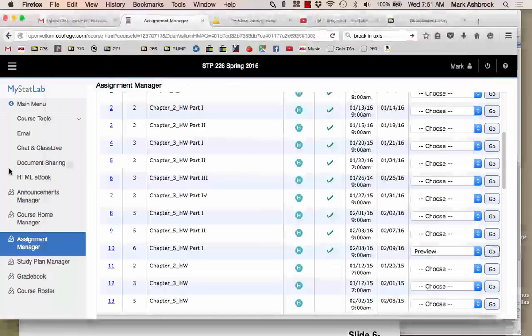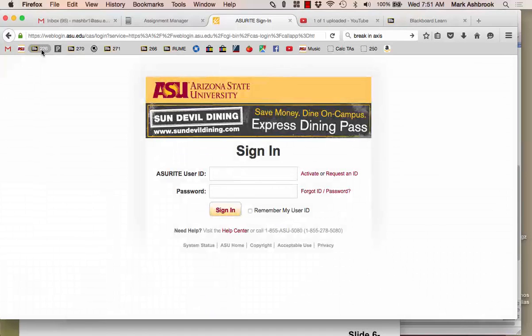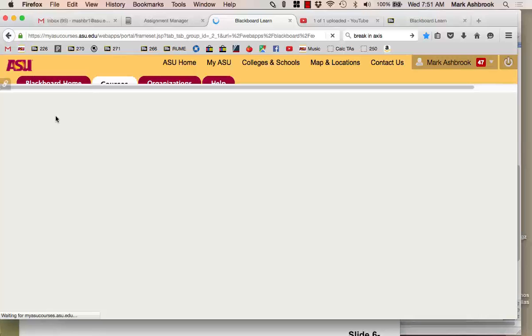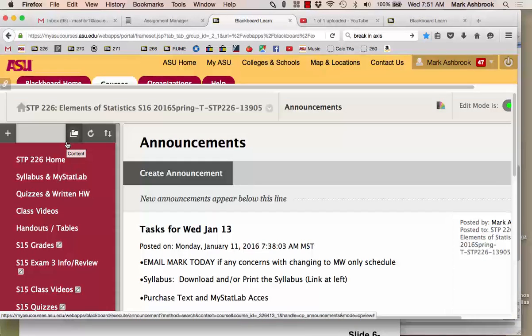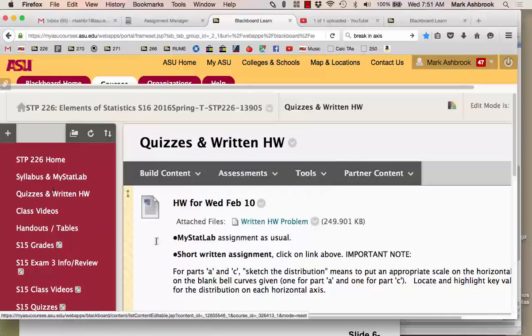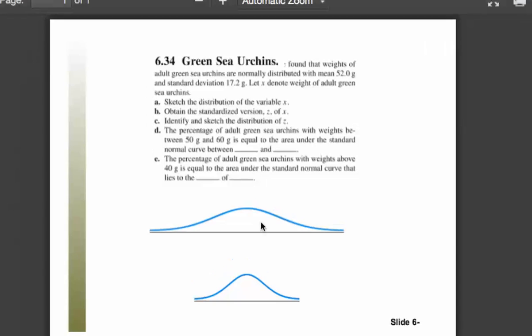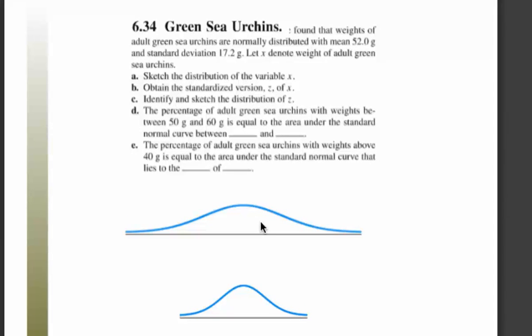So for the written homework, okay, we have a normal distribution, mean 52 grams, standard deviation of 17.2 grams.